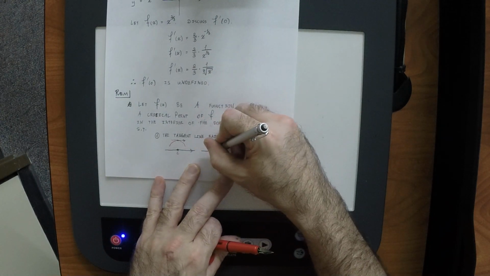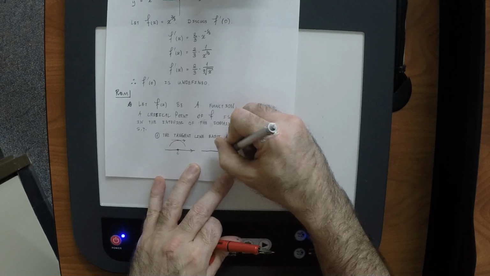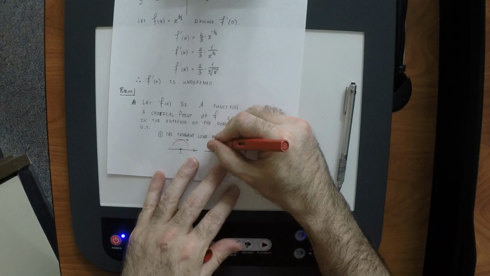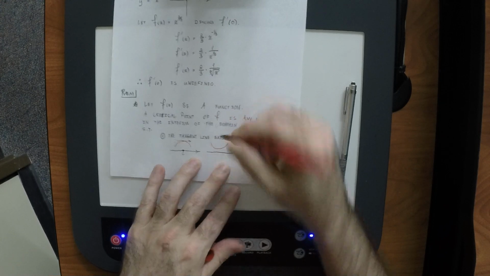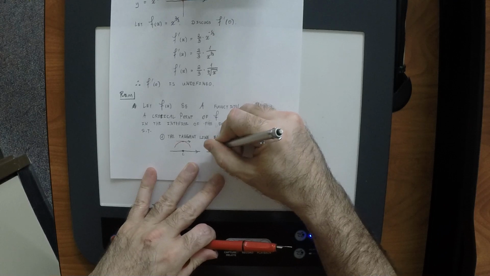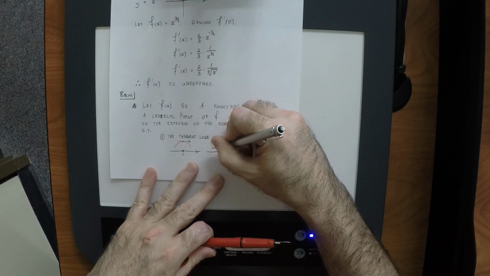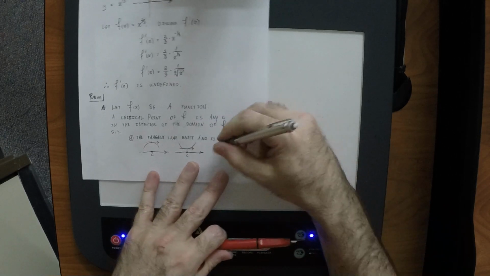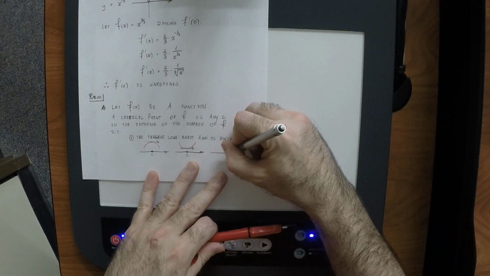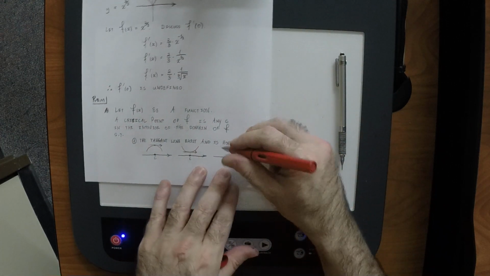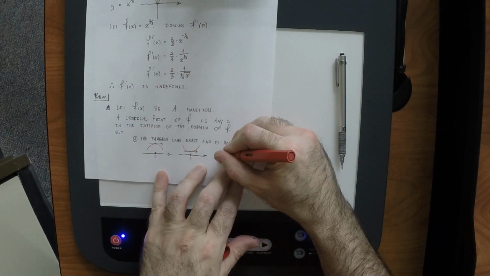Alternatively, it could look like this. But there's even a third alternative that many students, at least at first, seem to forget about.